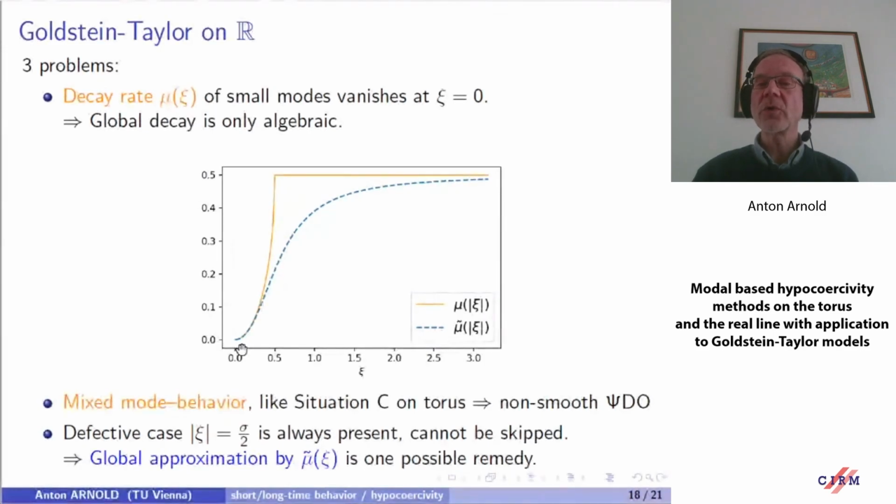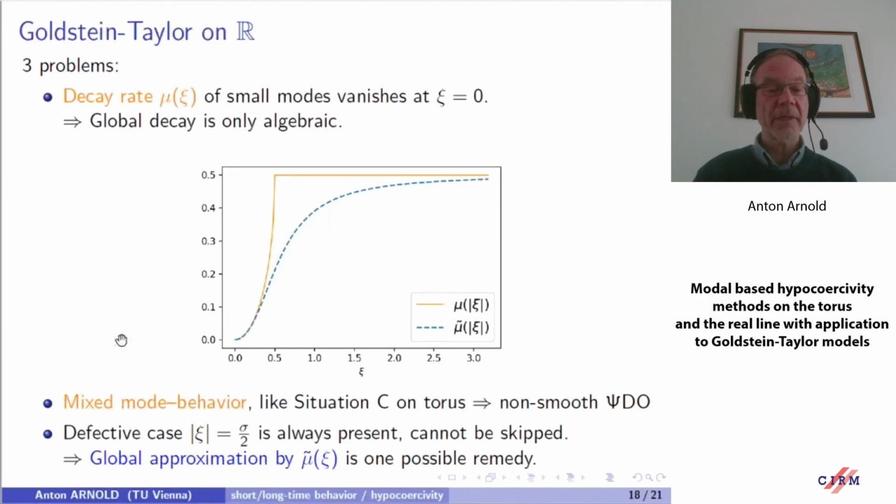So there is no uniform lower bound for the modal decay rates, which tells us immediately it is completely hopeless to dream of an exponential L2 decay in this problem on the real line. The only thing we will get therefore is an algebraic decay.